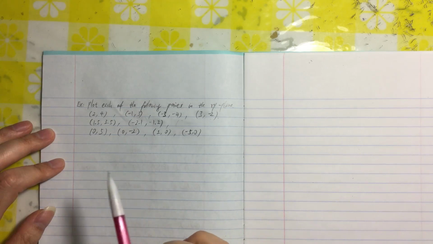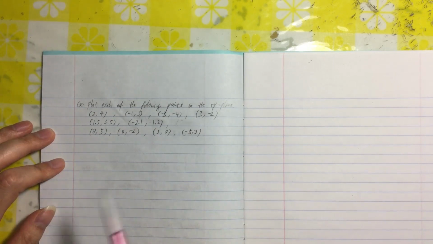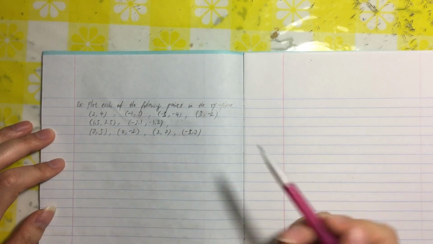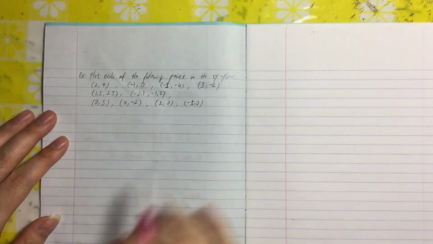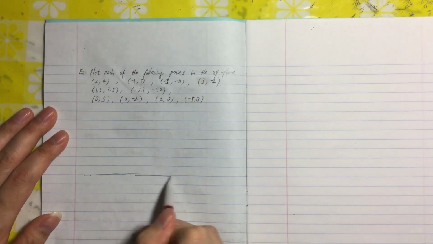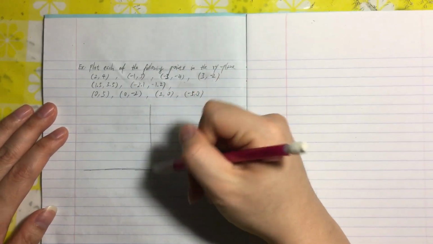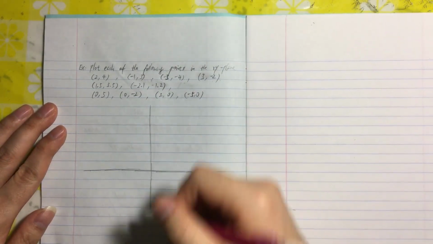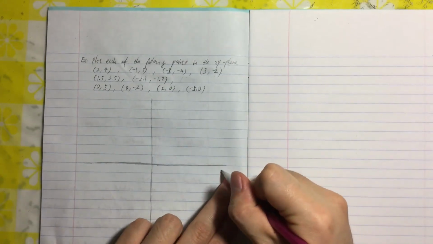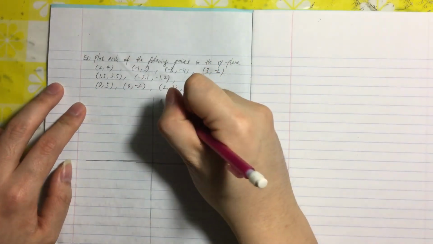Next, I'll show you an example. Plot each of the following points in the xy plane. We know that in the xy plane, every ordered pair represents a point. Here, I'll show you how to plot these ordered pairs in the xy plane. Let's first of all draw an xy plane. The horizontal line always represents the x-axis, and the vertical line always represents the y-axis.